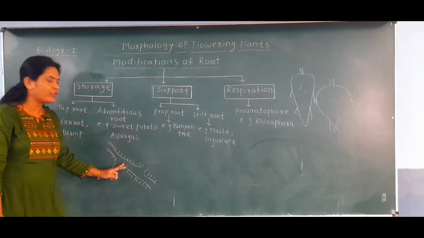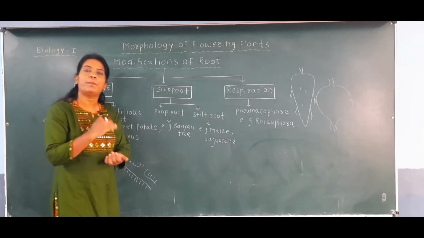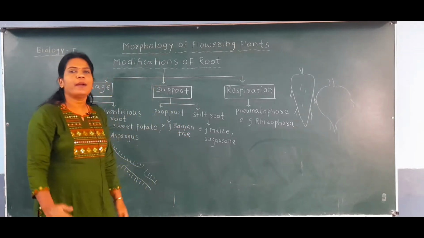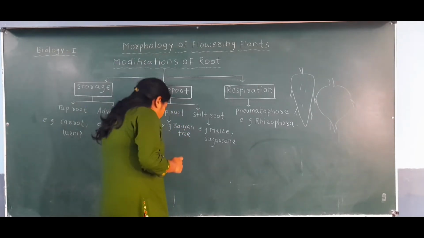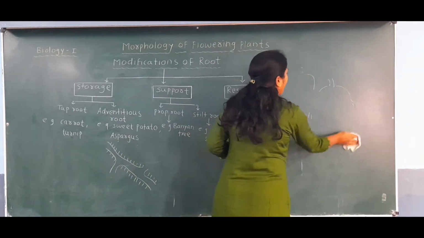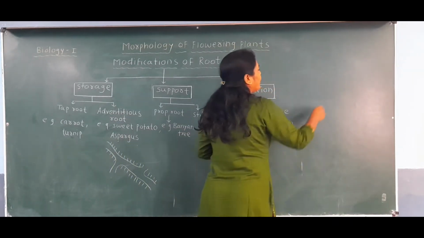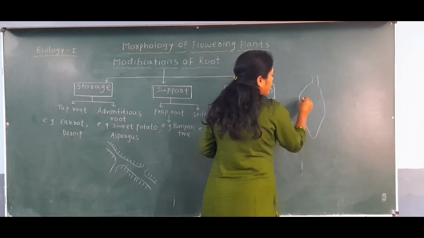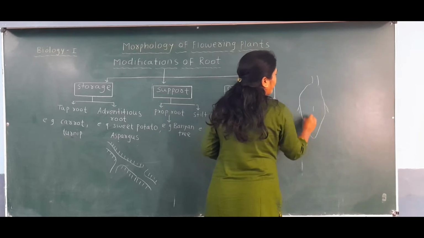These are examples of the adventitious root, but they do not show the structure like this. But you know the structure of the sweet potato, that this sweet potato also has a swollen structure. It does not have a definite shape, and you have seen that this is the sweet potato.